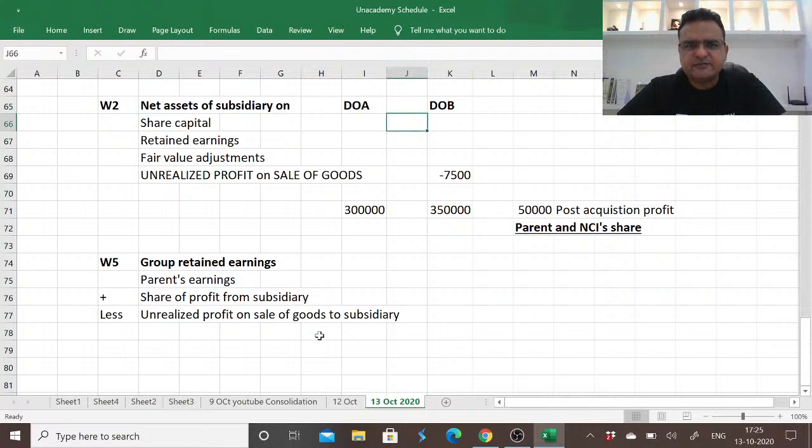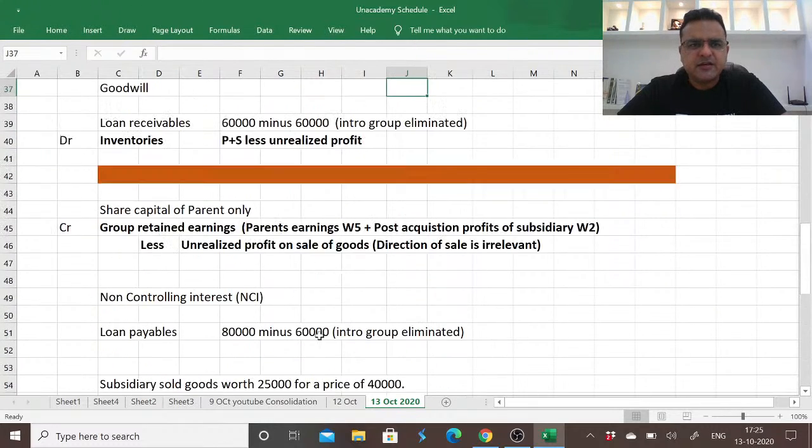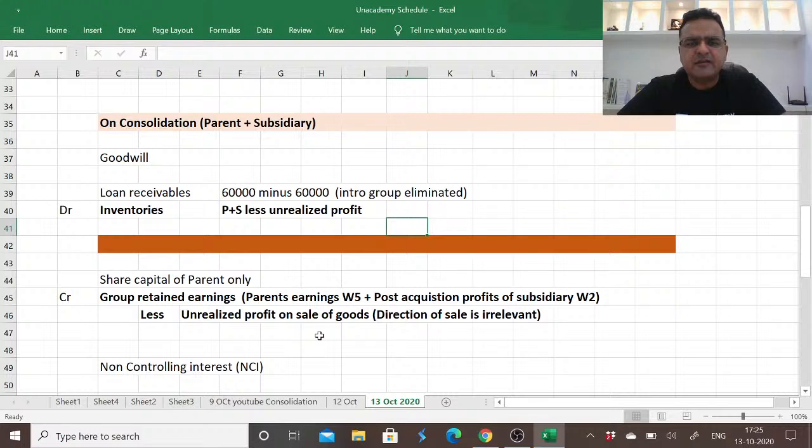But if in doubt, you can simply eliminate it on the face of the balance sheet by eliminating the inventories with unrealized profit on the debit, and credit, simply remove that unrealized profit from the group retained earnings. The job is done. If you do it in this manner, the direction of sale is irrelevant. You don't have to worry about the direction of the sale.